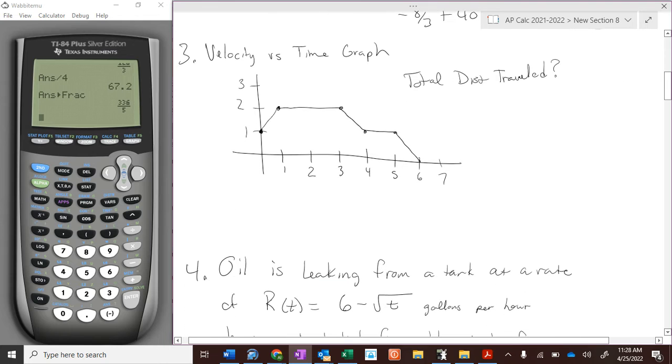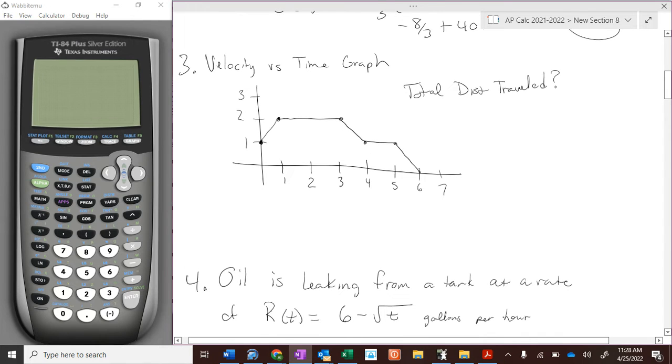All right, here's a velocity versus time graph. How can you figure out the total distance traveled here? This is ridiculously easy. Just figure out the area underneath the graph.